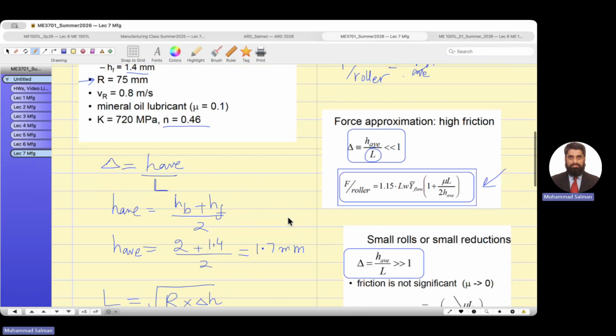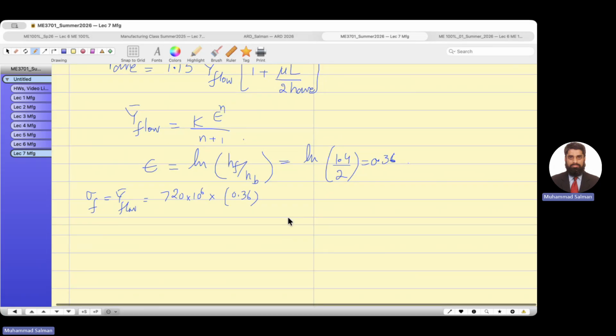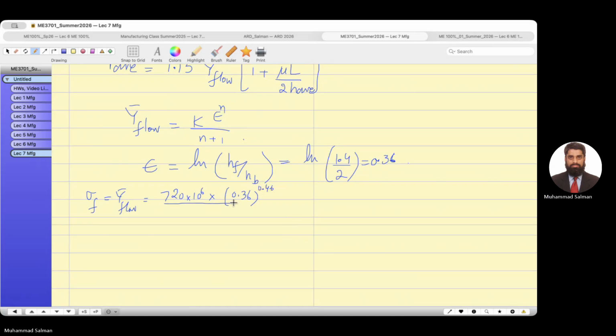And n equals 0.46, divided by n plus 1, which is 1.46. And if you do the math, you should be able to get this 354 megapascal.